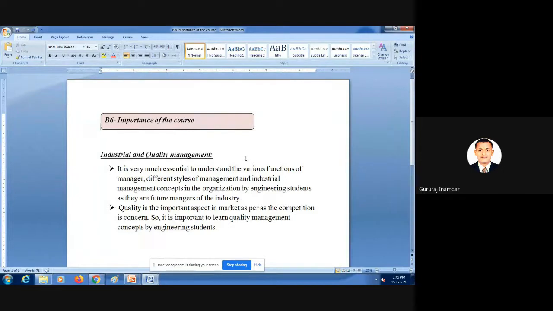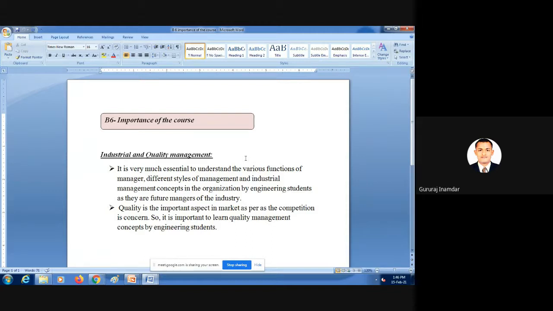Next, in the next section we will study quality. Quality is nothing but the output of your industry, whether it is a service or a product; there are service industries and product industries. Quality is a very important aspect because of competition in the market.